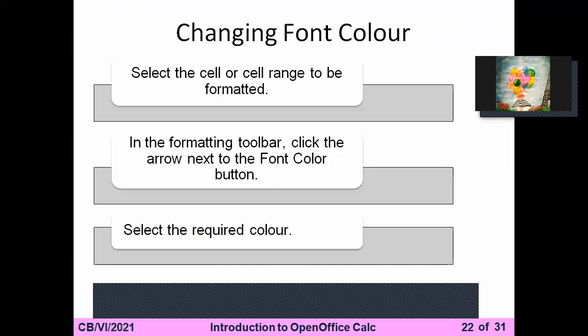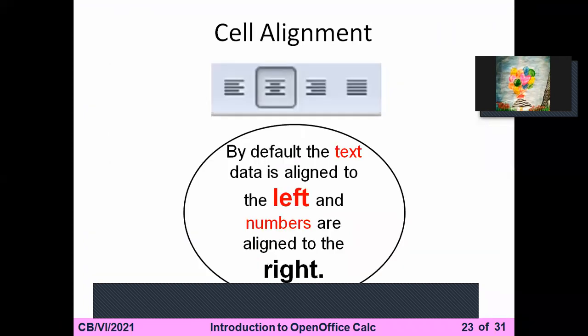By default, whenever you are typing anything, it will always come in the left alignment. Remember, whenever you are writing text, any word or any sentence, it will be on the left alignment.